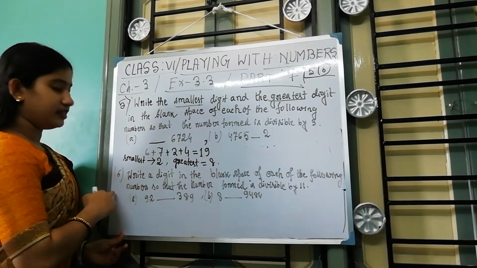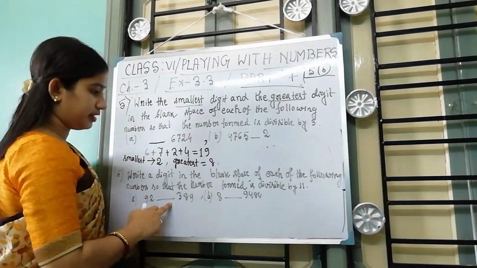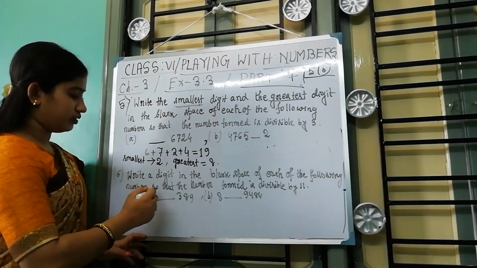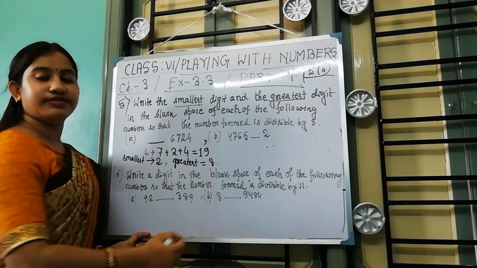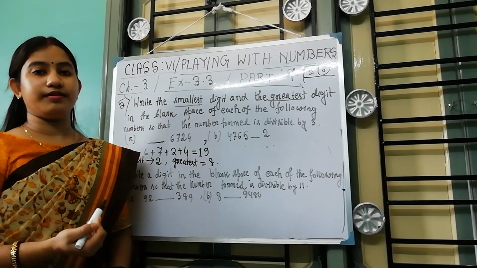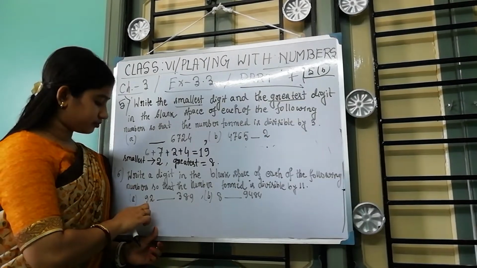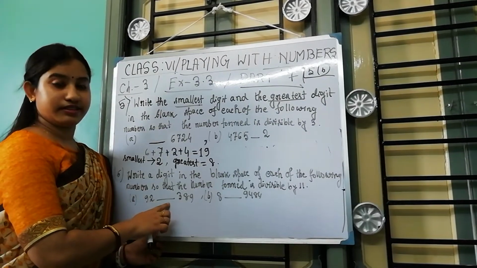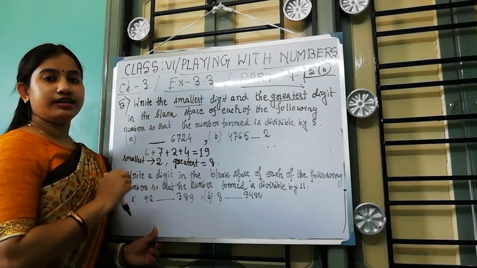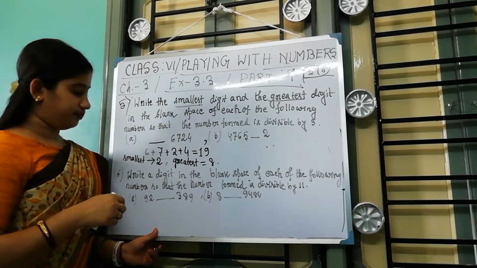Now in number 6, here it says write a digit in the blank space of each of the following numbers so that the number formed is divisible by 11. Now a number is divisible by 11 when the difference of the sums of alternate digits is either 0 or a multiple of 11.